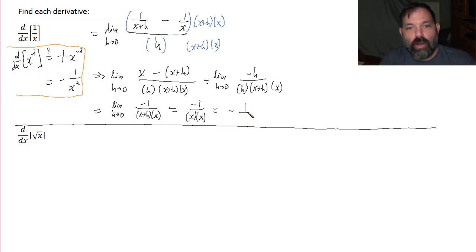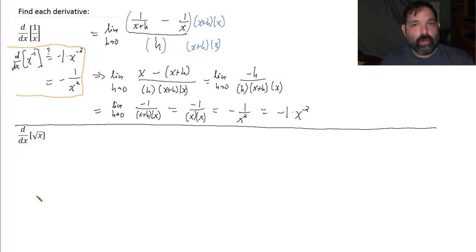It's negative 1 over x squared, which is the same as negative 1 times x to the negative second power. Our rule seems to work for this negative exponent, right? X to a negative power. Well, let's look at another example. Let's make sure it's valid for some other situations.